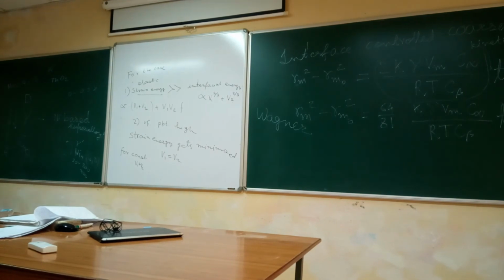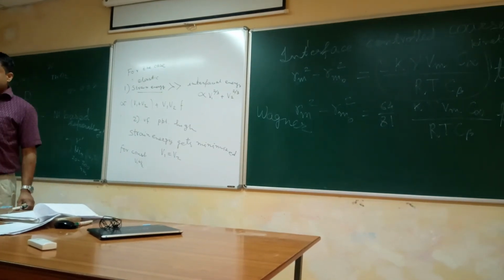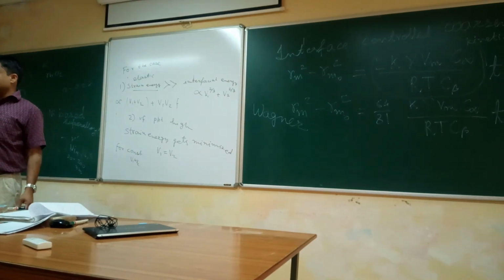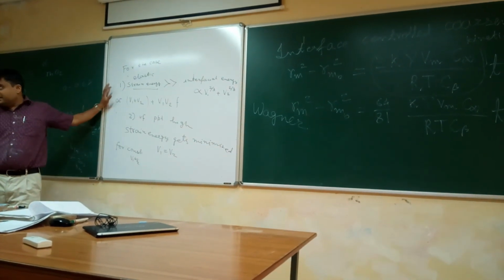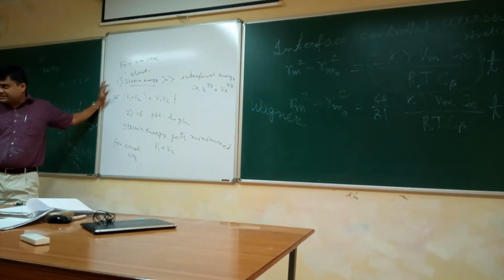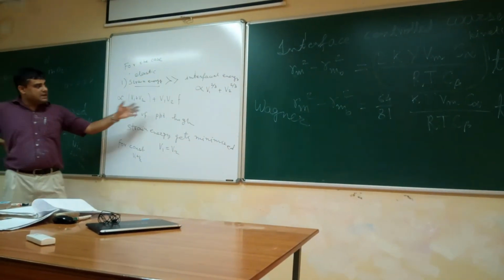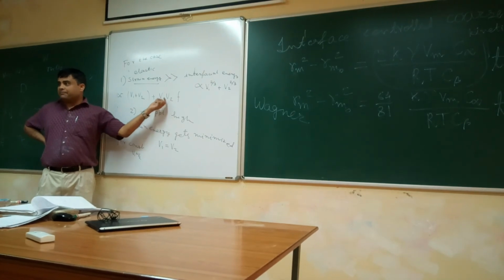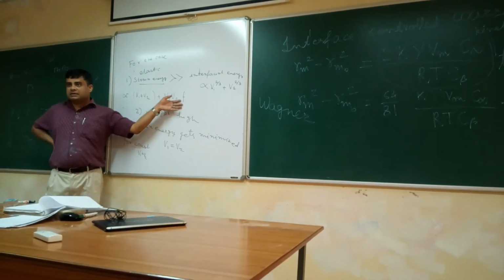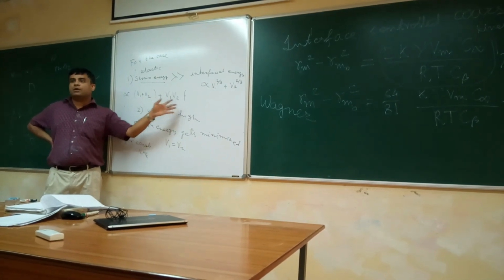You have a system of high density precipitates where, compared to interfacial energy, strain energy is very high. The system will try to minimize the strain energy. Because there is a product term, the strain energy will be minimized by equating the volume of all the precipitates. If there are two precipitates, V1 equals V2.